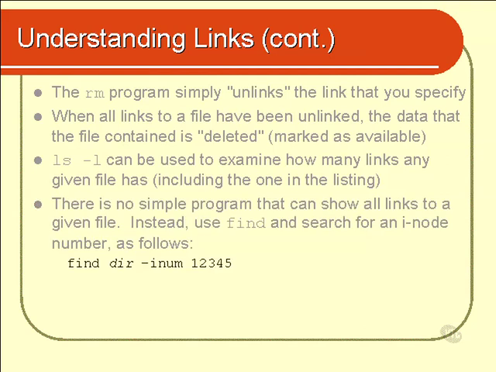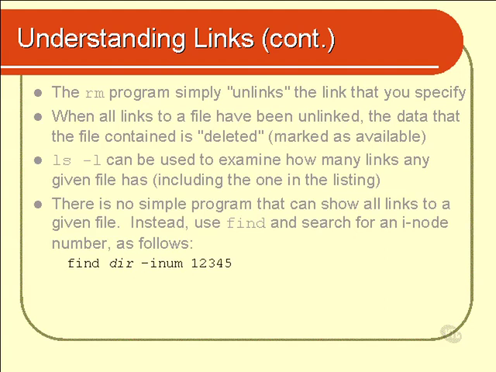You type in find, followed by the directory in which you want to find, and then you specify the inode number using the -inum flag. So which directory do you choose? Well, you would probably choose the root directory, unless you knew for a fact that all the links to that file were in a given subdirectory.